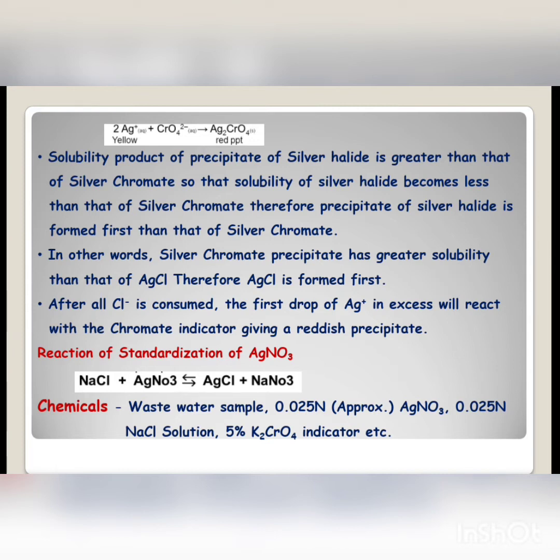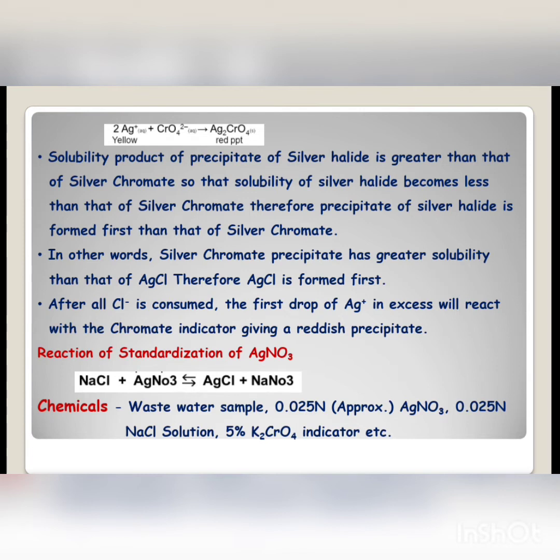Now, the solubility of silver chloride is lower than that of silver chromate, so precipitate of silver chloride is formed first before the silver chromate. The silver chloride is more stable than the silver chromate, and so silver chloride is formed first.